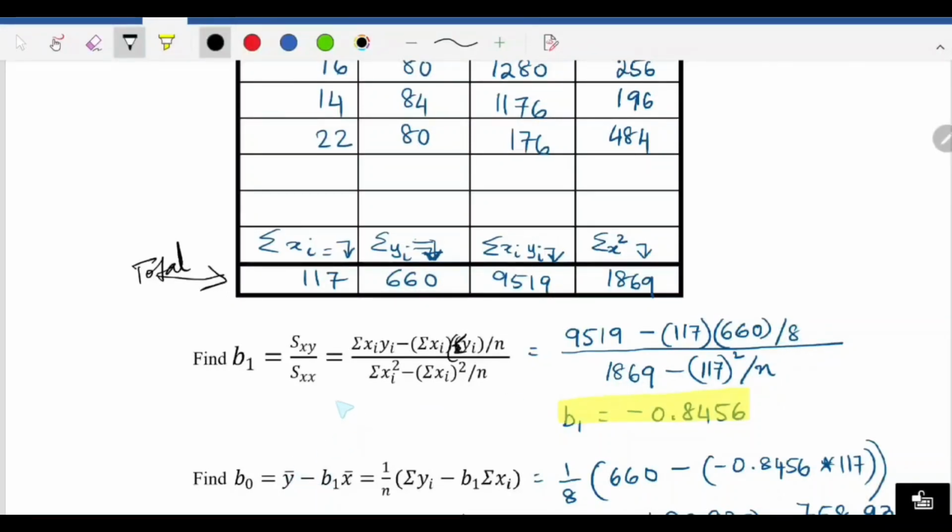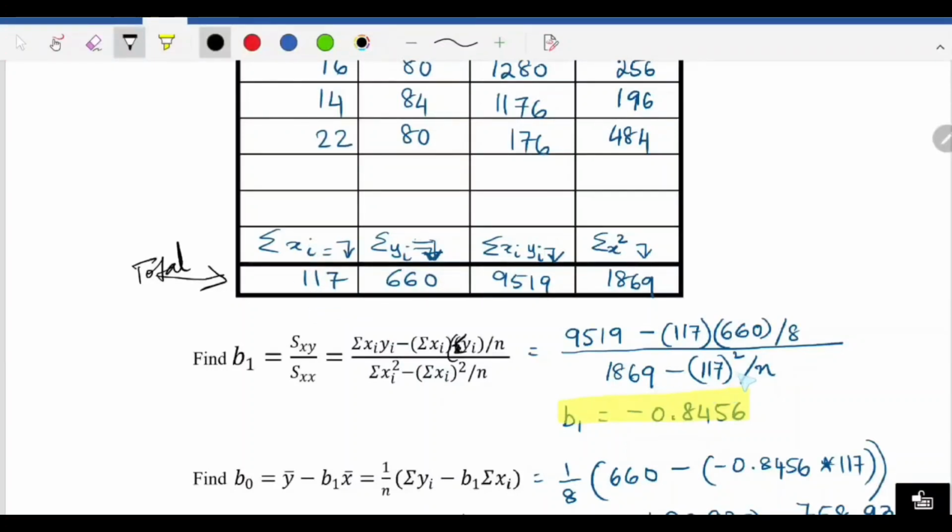And then in the denominator, we have sigma x squared, which is the total value of the last column, 1869, minus sigma x whole squared. 117 is the sum of all the x values.